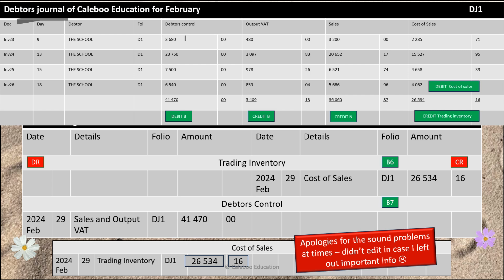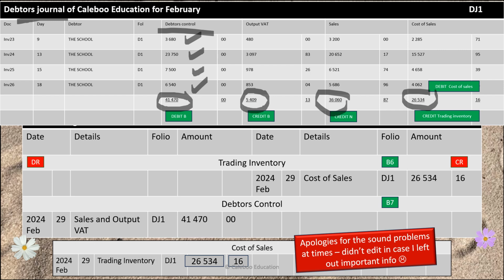So we don't take all these individual transactions and record them in the debtors control account in the general ledger. We take the total. So we're going to post these totals to the general ledger, to all the accounts affected in this case by credit sales.